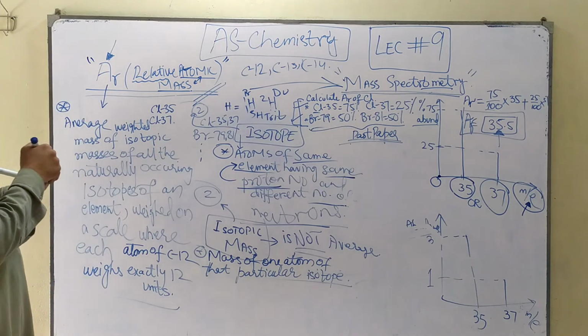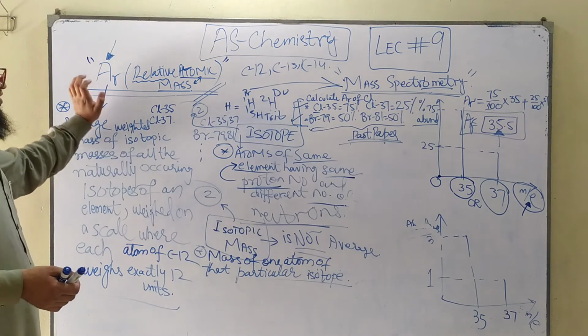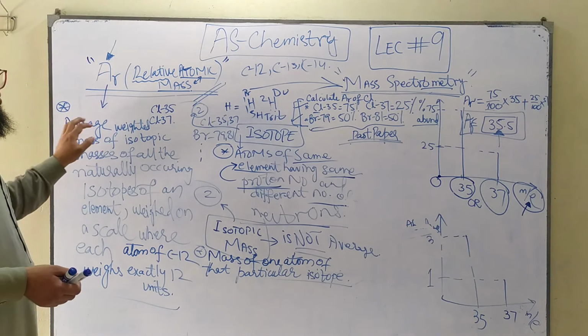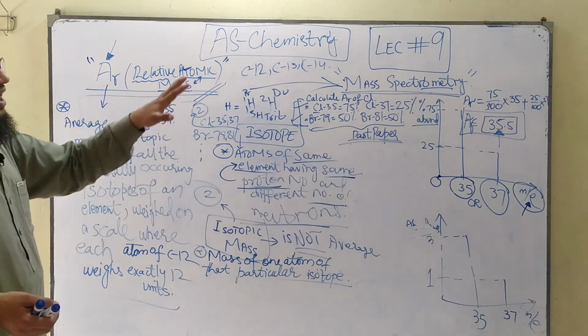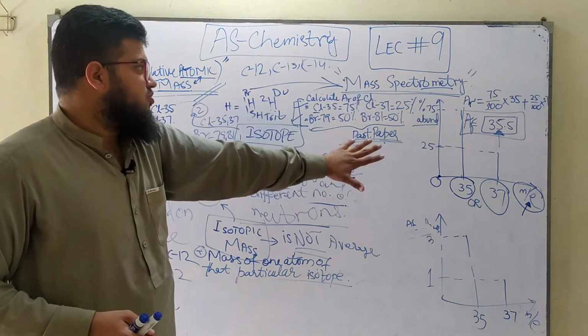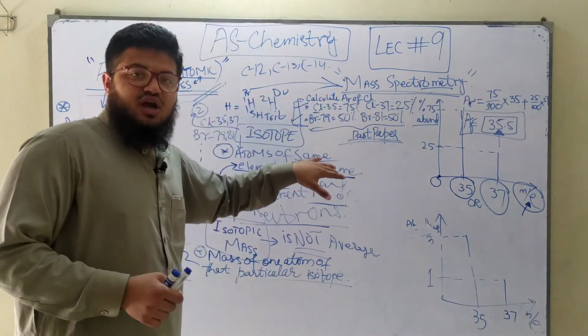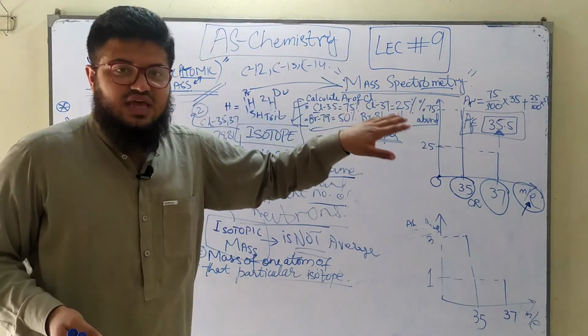Alright, so basically what this definition is telling you is that relative atomic mass is the average weighted of all the isotopic masses of all the naturally occurring isotopes of that particular element. In this case, the element is chlorine, and the naturally occurring isotopes are chlorine 35 and 37.